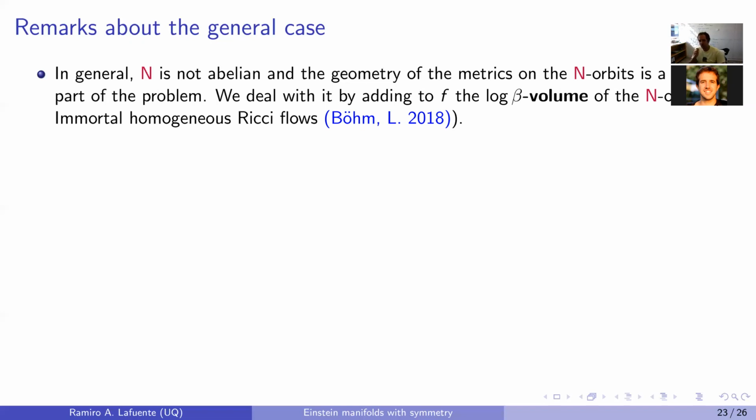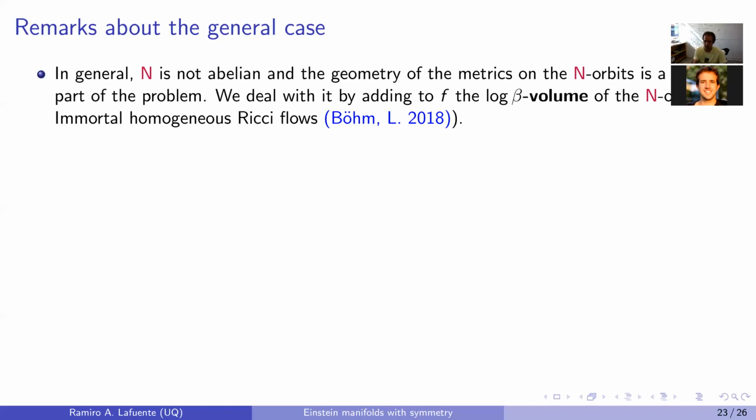We add a term to this function V, which we call the log beta volume of the N orbits. So this is like a volume which is not quite the volume, because it takes into account some Lie theoretic properties of the group N, which in fact come from a deep connection with geometric invariant theory.